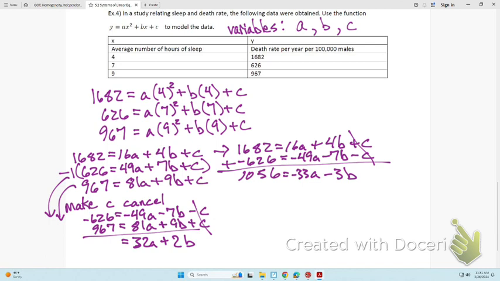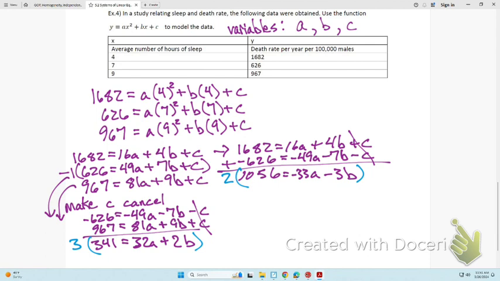I did this earlier. We get 341. All right, now we're on step 3. We need to make a different variable cancel. So let's make the b's cancel. Let's multiply this equation by 3, this one by 2, and we'll create 6b and negative 6b.